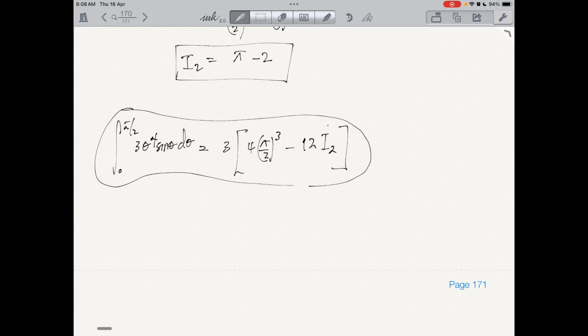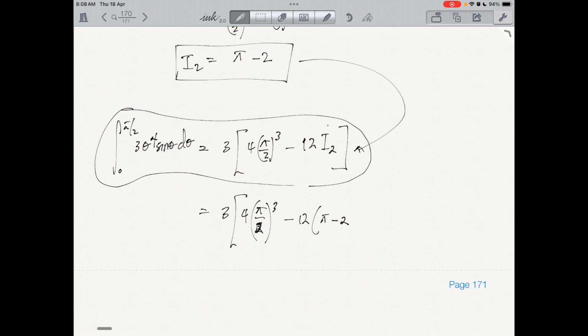And then we substitute our I2 into this, such that we will have 3 into 4 pi over 2 cubed minus 12 into pi minus 2.